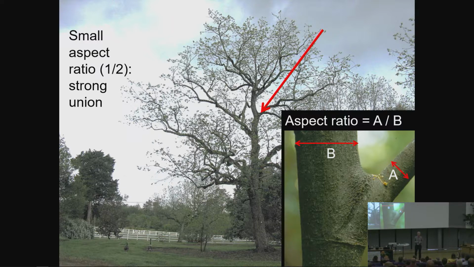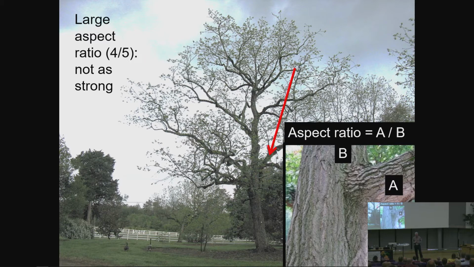Airlines, same thing. Aeronautics. And so in trees, it is the diameter of A compared to the diameter of B. So this would be a small aspect ratio, and this would be a large aspect ratio. So it's a very simple concept.